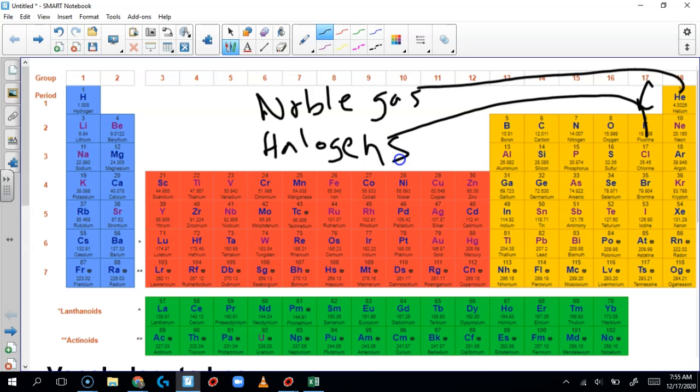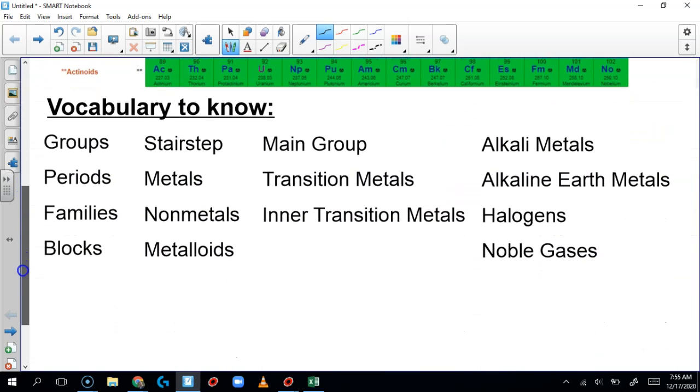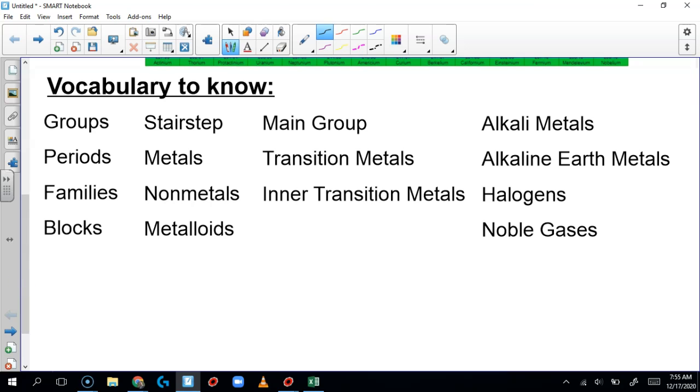Okay. So if we look at our list of all the vocabulary that we need to know, we talked about groups, that's the vertical, up and down columns on the periodic table. Periods, which are the horizontal rows. Families, which are the named groups on the periodic table. And then the big blocks, the 4 sections.